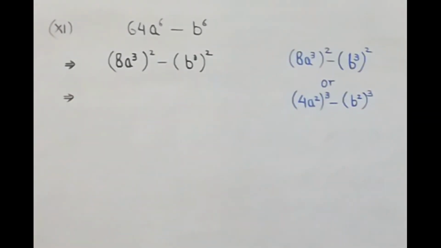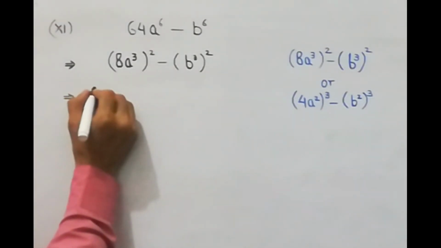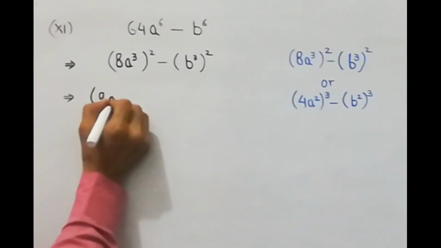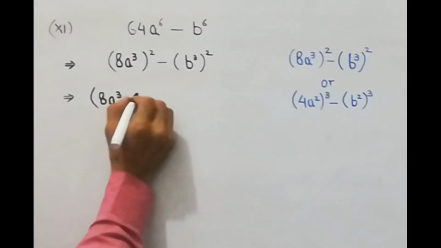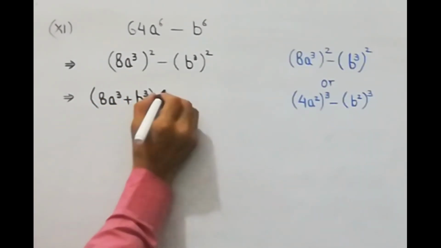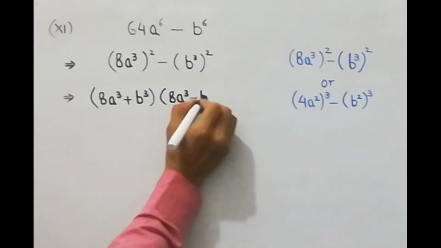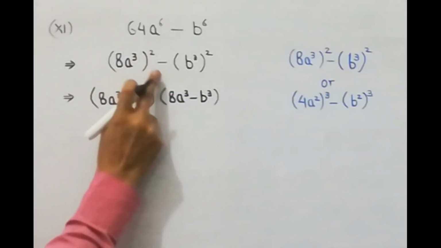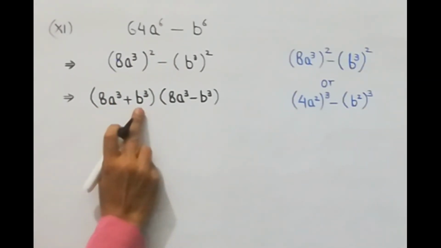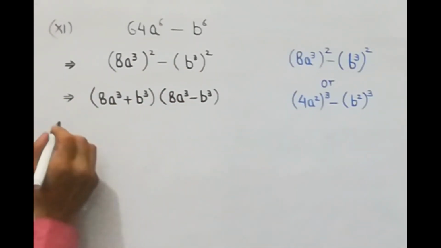So here we have got difference of two squares. So we are taking it in the form a square minus b square. And the a square minus b square factorization is a plus b and a minus b.